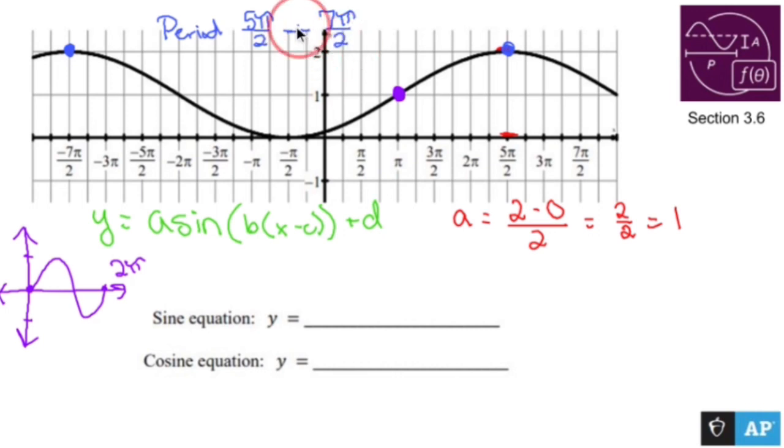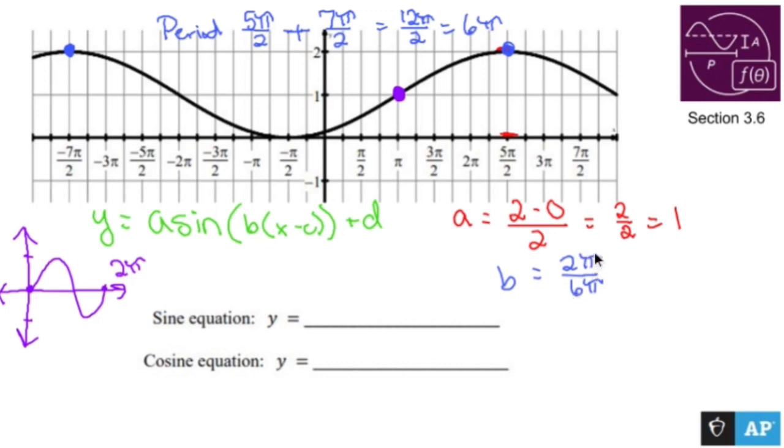So we have a double negative, make it positive. 5 pi plus 7 pi is 12 pi. 12 pi over 2 is 6 pi. Now, does that mean b is 6 pi? No, no, no. You find b by taking 2 pi and dividing by your period.